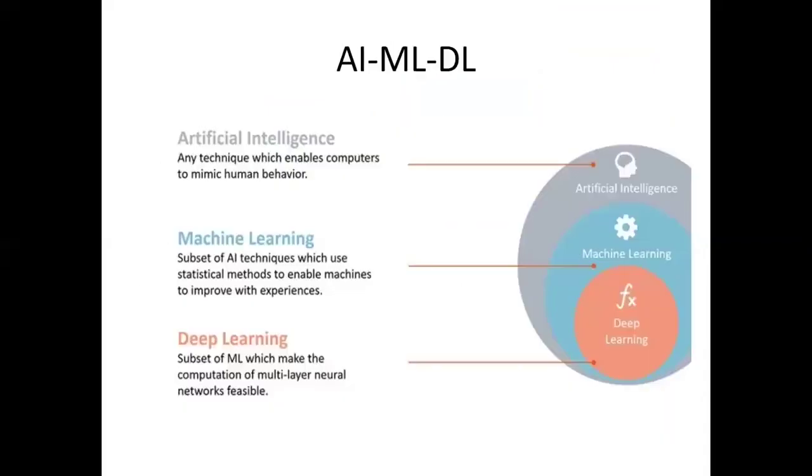Then if we consider in depth what is AI, ML, and DL: AI, as I mentioned, is a big set. Any machine which has a little bit of knowledge of simulation of any kind of task that a human being is doing comes under artificial intelligence.